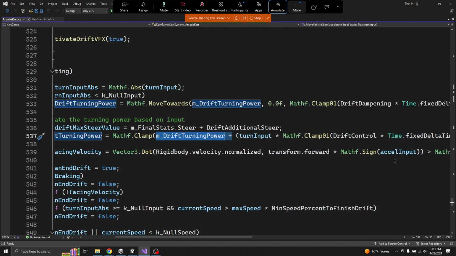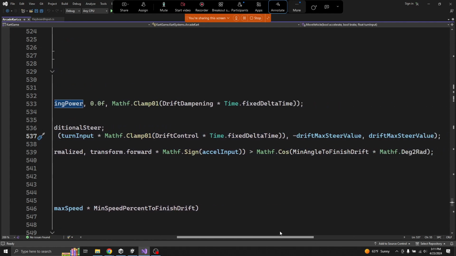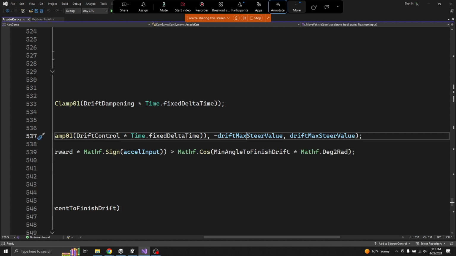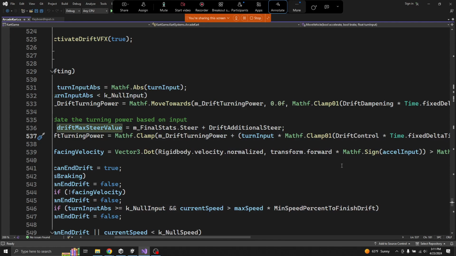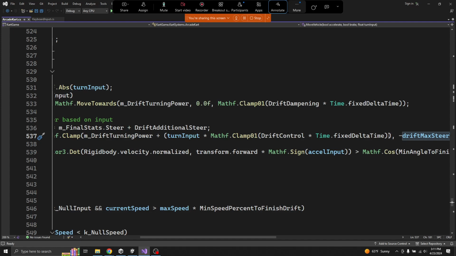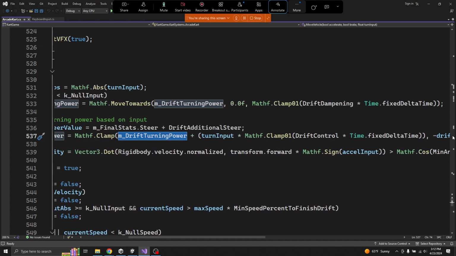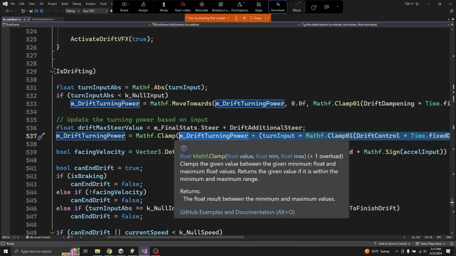And this itself is getting clamped between our negative drift max steer value and our positive drift max steer value. Whenever you see really complicated lines of code like that, you have to work from the inside out and take it one step at a time. So we were just clamping this multiplication between 0 and 1, then multiplying it by this here and adding it to this, and all that becomes one parameter, one input into this clamping method.